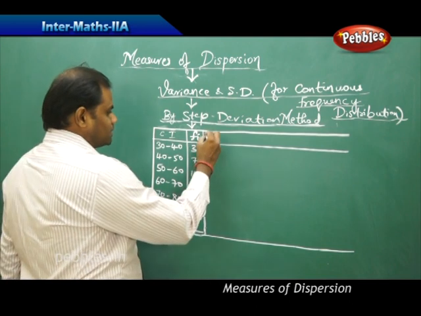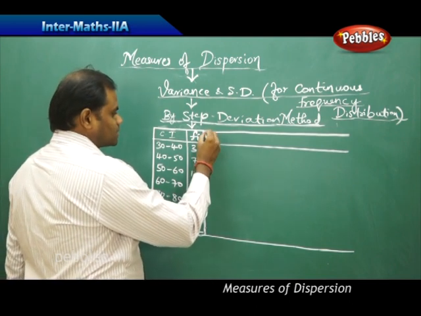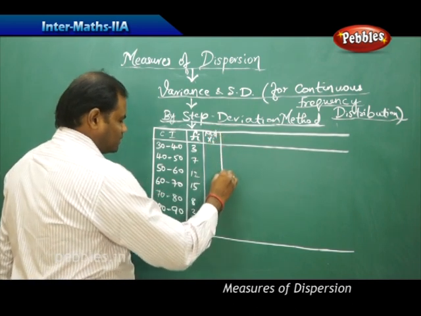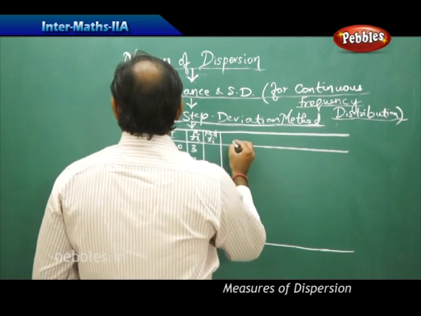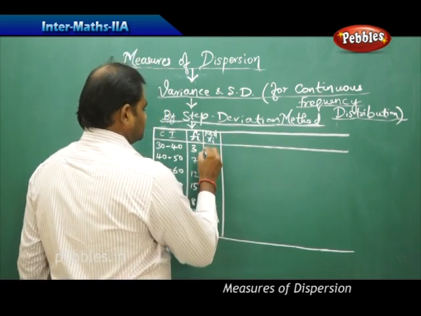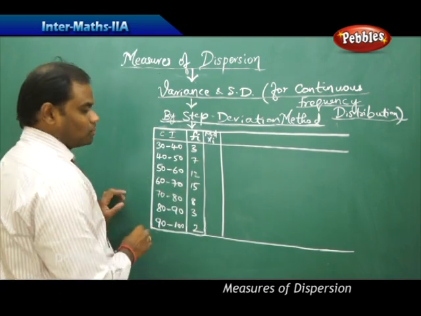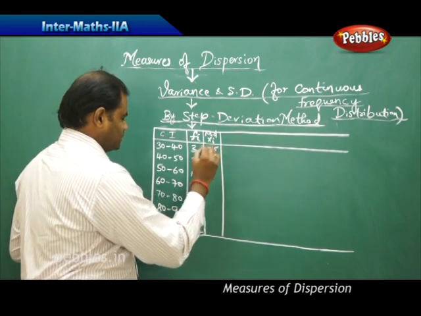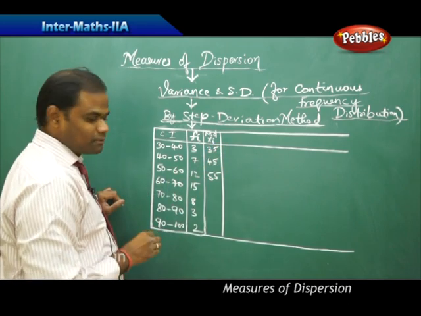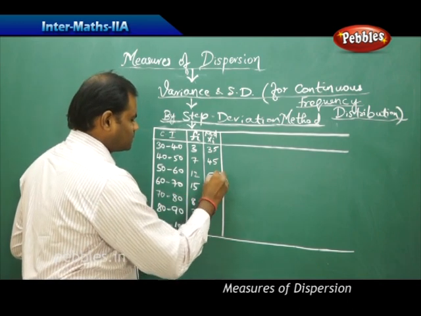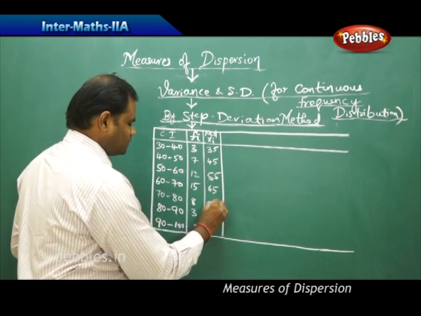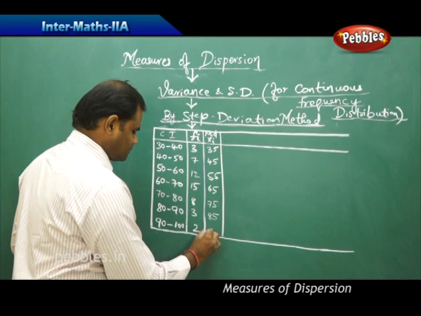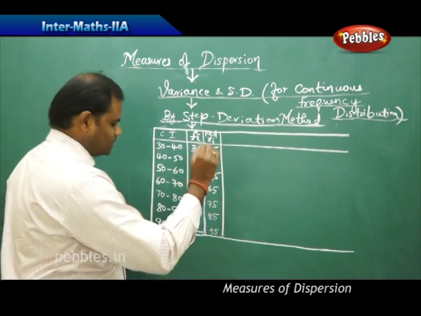Now here I clearly take xi, which is the mid of the class interval. So the mid value xi of 30 to 40 is 35, and 45, which is the mid of 40 to 50, then 55 for 50 to 60, and this is 65, and this is 75, and this is 85, and finally this is 95.